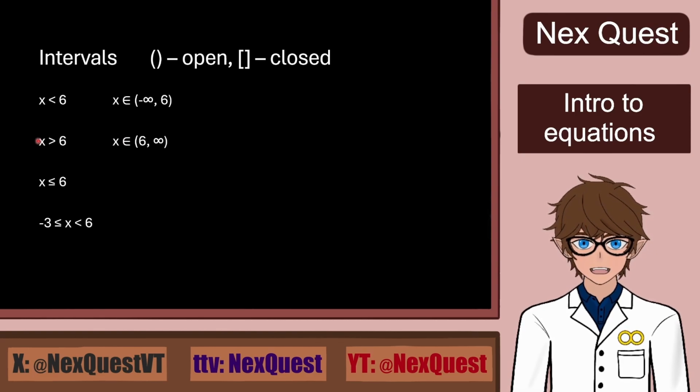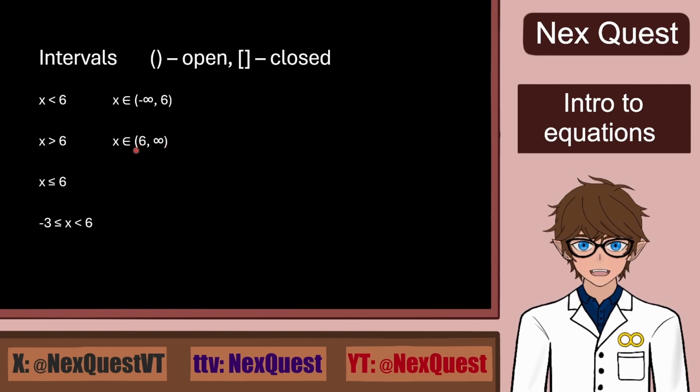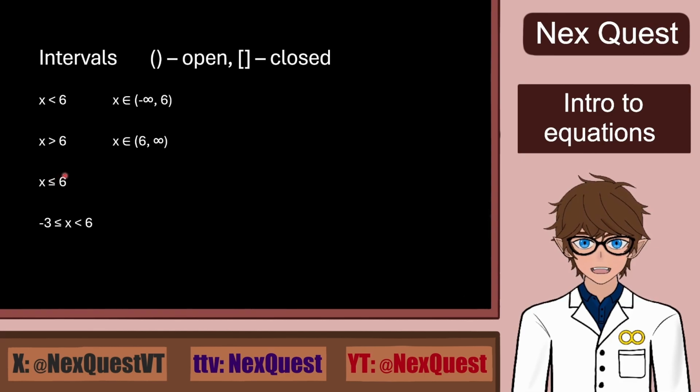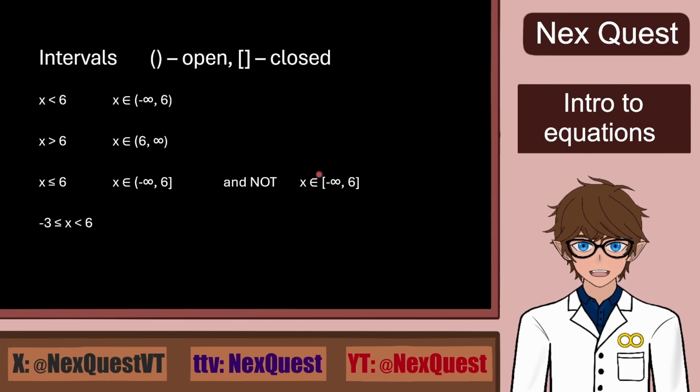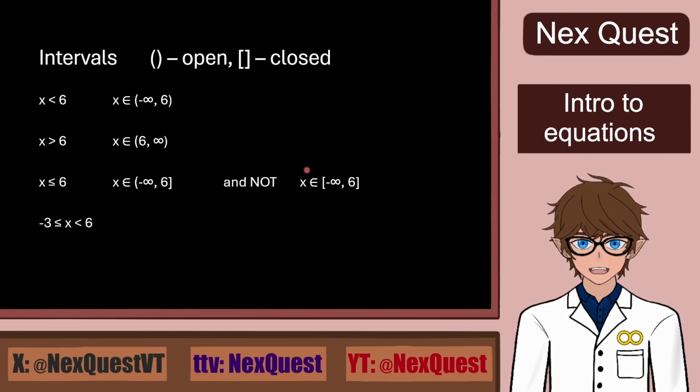So for this example, x is greater than 6, we would use the open interval between 6 and +infinity. In the second example, we have x is less or equal to 6, so we have the closed interval bracket behind 6. However, we cannot use the closed interval on infinity, because infinities are not precise values.